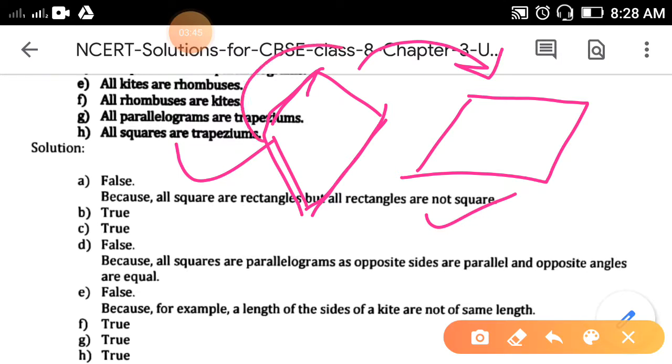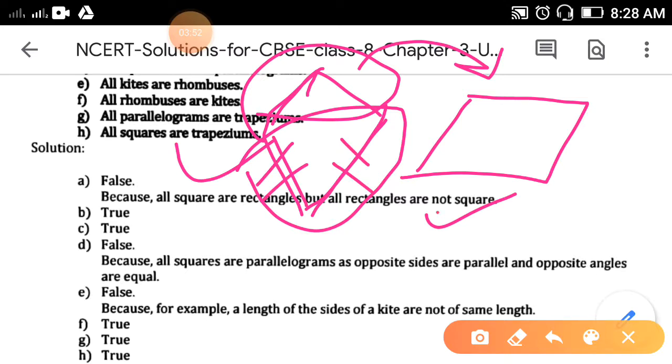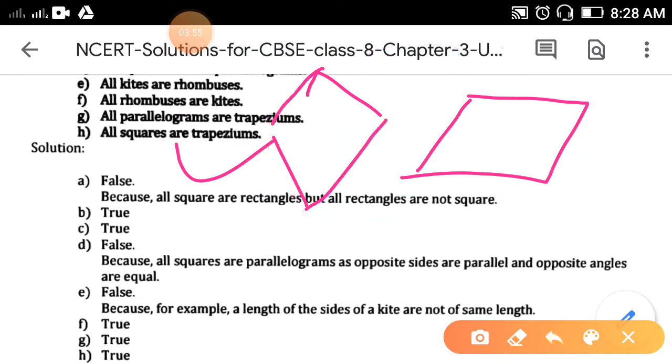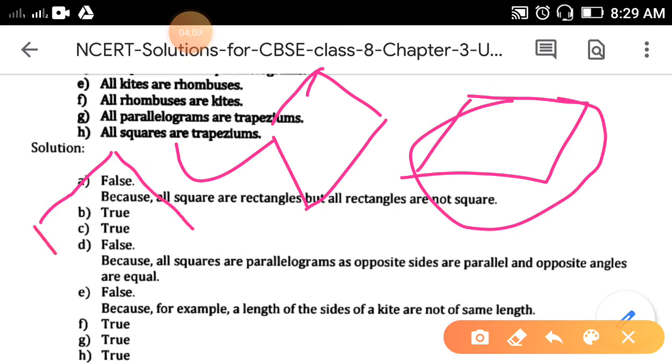Here these two sides are the same and this other pair is the same. But in a rhombus all four sides are the same. What is F? All rhombuses are kites. Yes, it can be true. If you draw this rhombus this way, then it can be a kite, even though all four sides are of the same length.